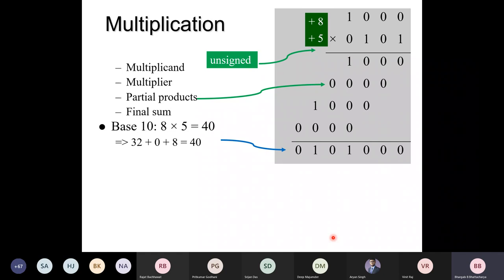So see, this carry save addition has a direct application here now. Because unless you do carry save addition, adding these partial products would cause a long delay, right? Because there may be many rows here depending on the size of the multiplier or the multiplicand. If there are more bits here, there will be many rows here. This matrix will become larger.